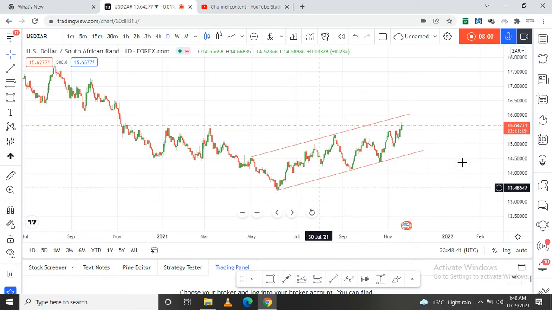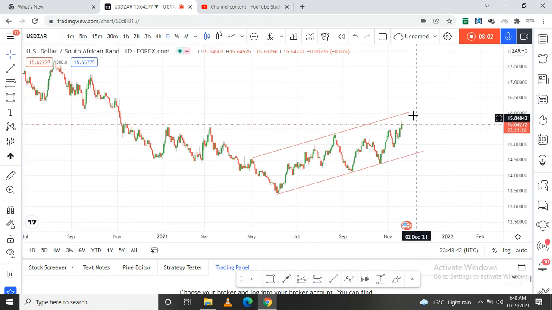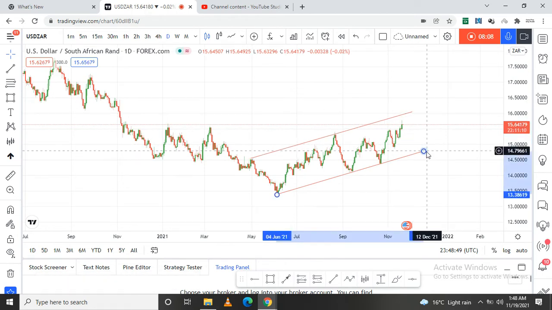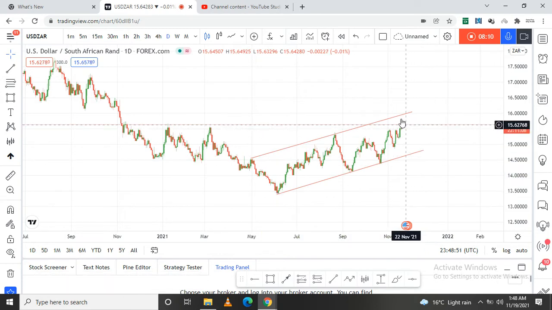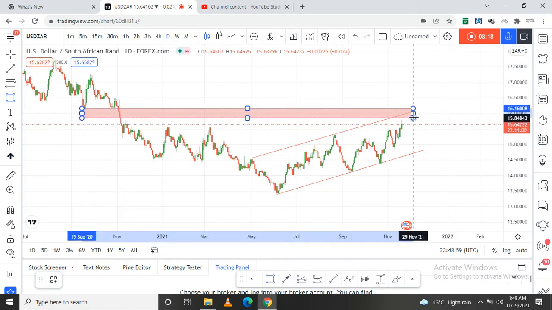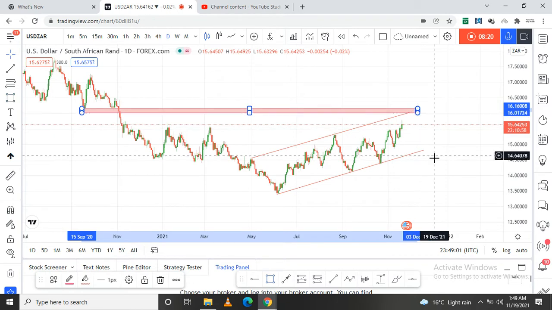So I'm waiting for price to reach that level. And we also have some sort of a zone here, previous high points there, around that level.